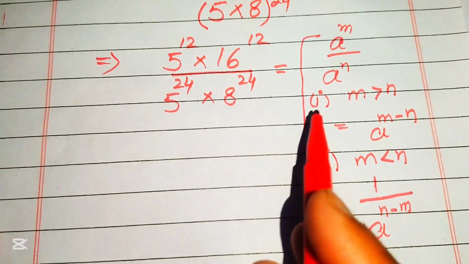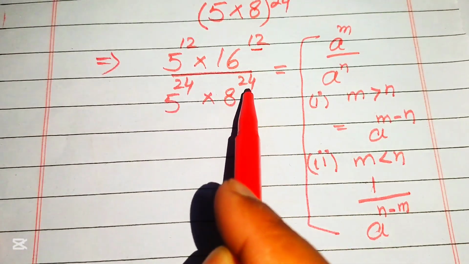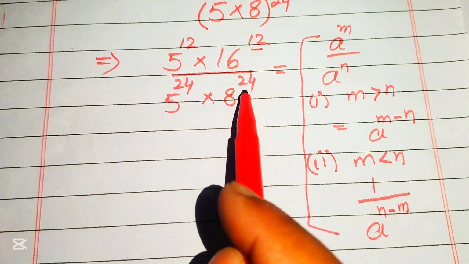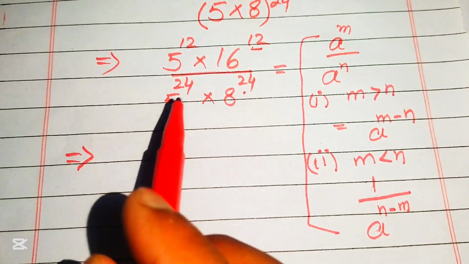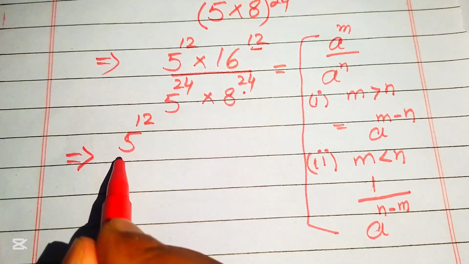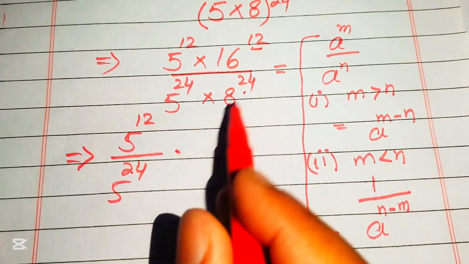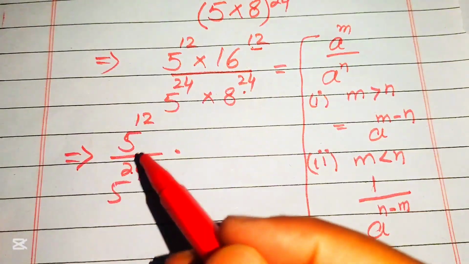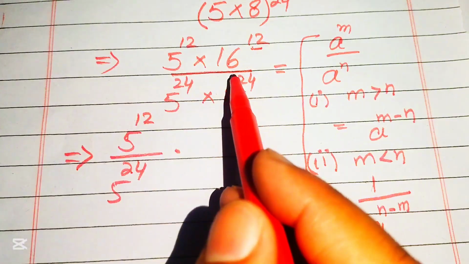According to this, you see here the exponent 12 is less than 24, so we have 5 to the power of 12 divided by 5 to the power of 24, and here we can apply this exponent law because these have the same base.